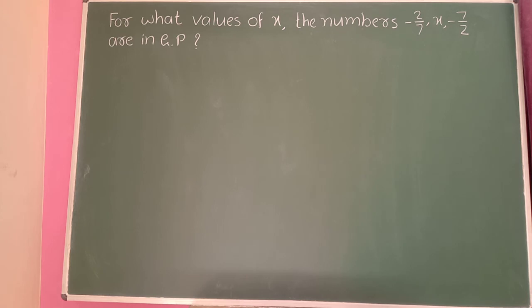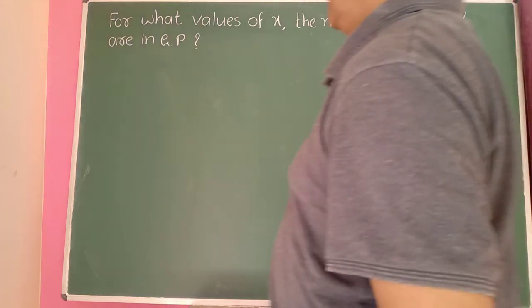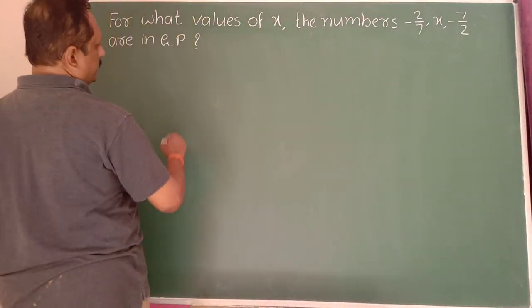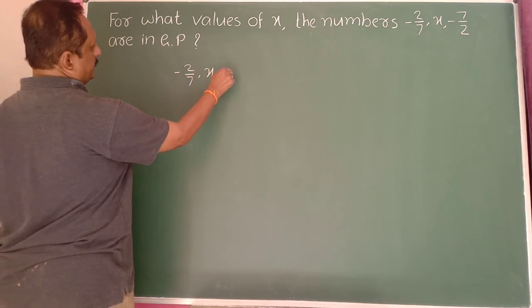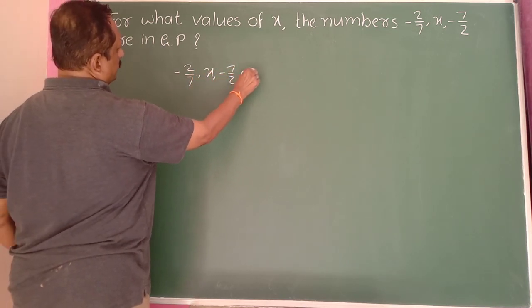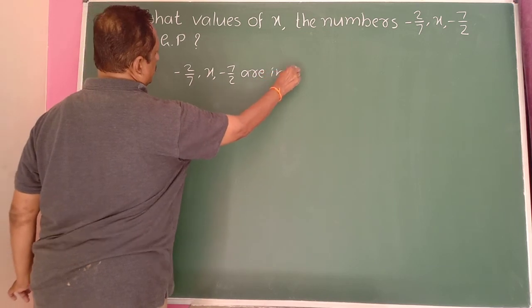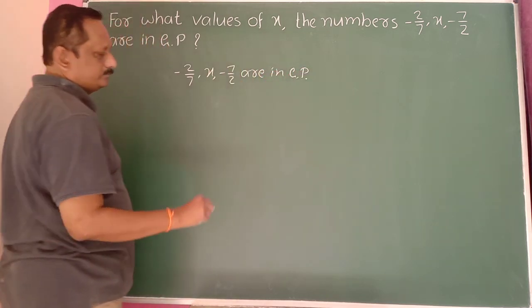For what value of x are the numbers minus 2 by 7, x, minus 7 by 2 in GP?